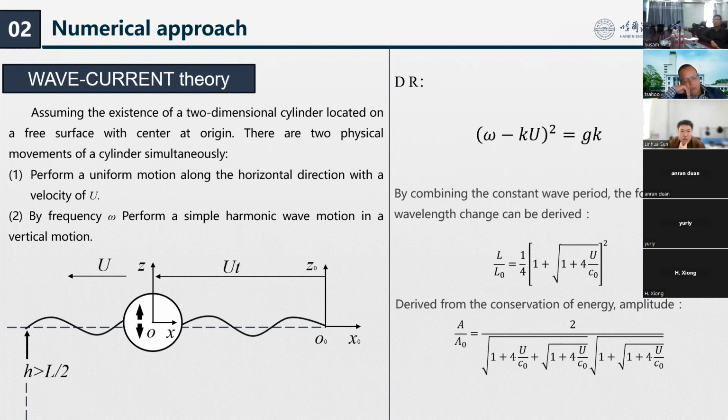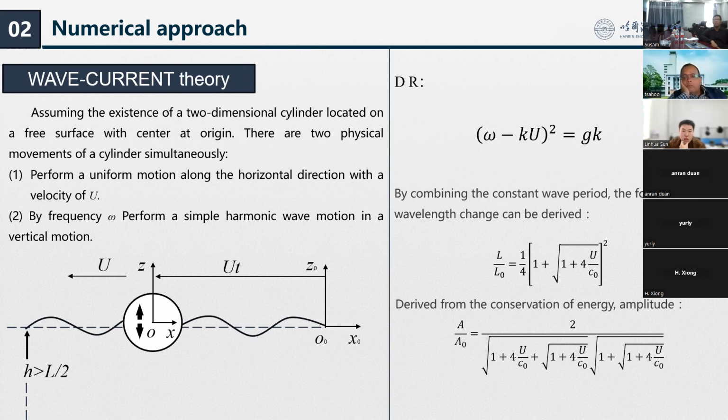On the left, this is the draft, and on the right, we get the dispersion relation. By combining the constant wave period, the formula for wavelength change can be used, and we can get the amplitude.